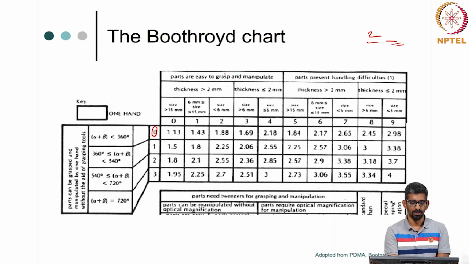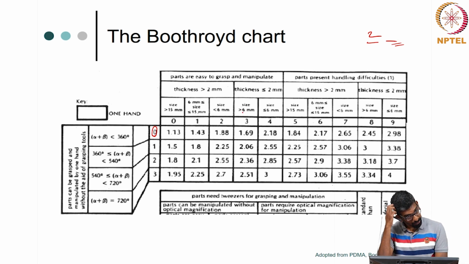What you are going to do is look all the way in the top row. It says parts are easy to grasp and manipulate, part present handling difficulties. So, you decide whether it is easy to grasp and manipulate. If yes, then you answer whether the thickness is greater than or less than or equal to 2 mm. If the thickness is less than or equal to 2 mm, then you look at the size.